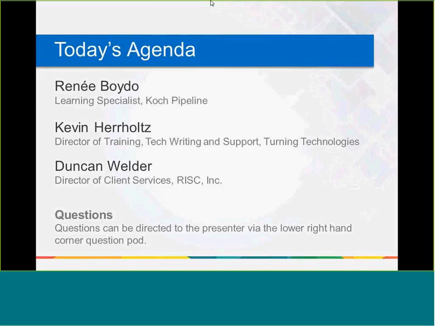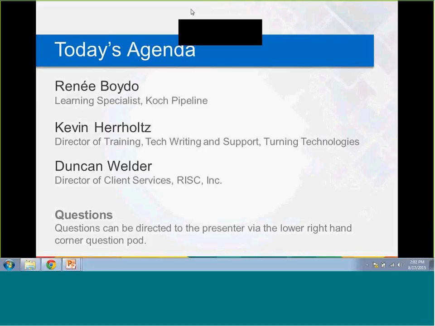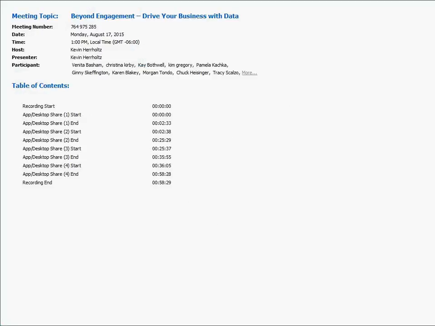All right, with no further ado, Renee, I'm going to stop sharing my screen and make you the presenter. I just made you the presenter. You should see share my desktop, or share screen, excuse me. In the upper left-hand side, you have the quick start.